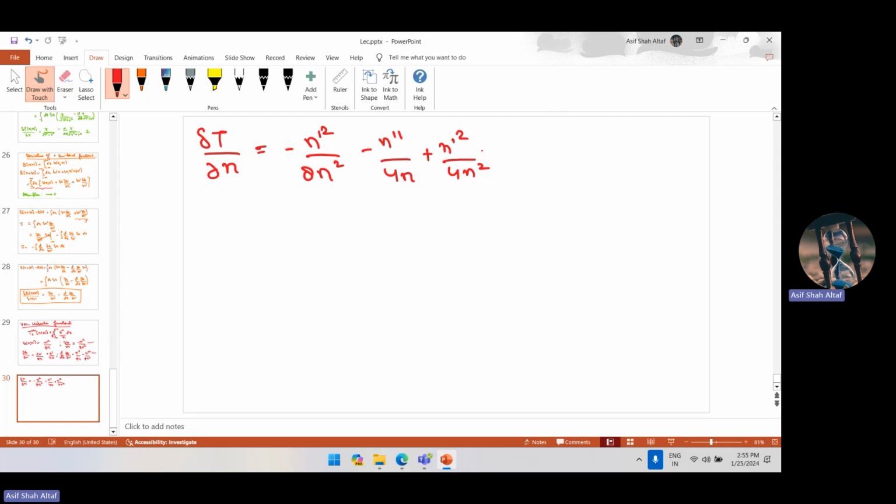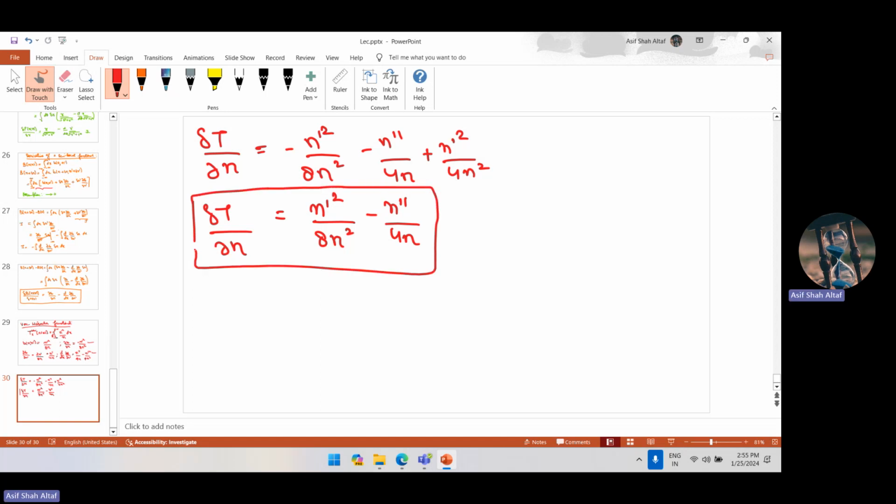Now the first and the last term, if you add them up, basically it's a subtraction. So this will give you n dash square by 8n square minus n double dash by 4n. So that's how you can quickly calculate the functional derivative of semi-local functions.